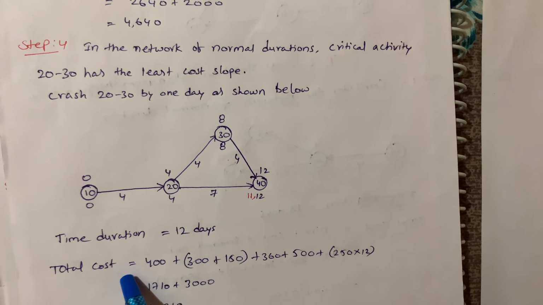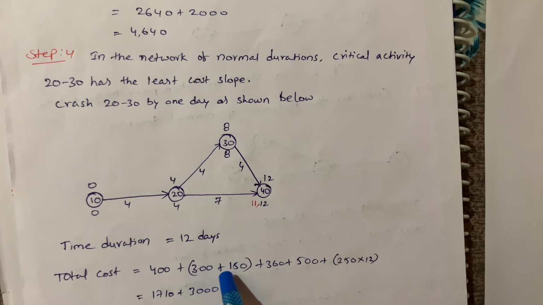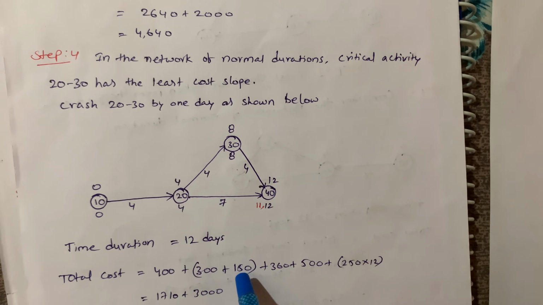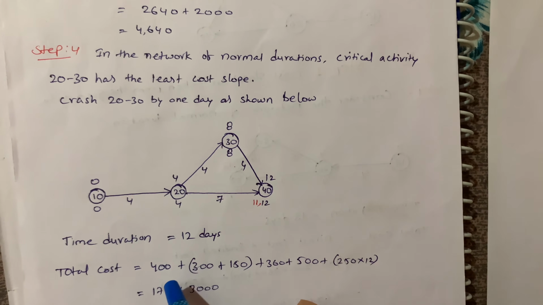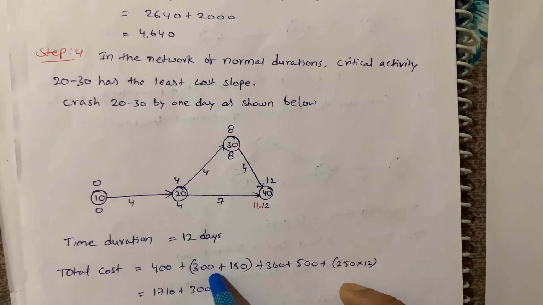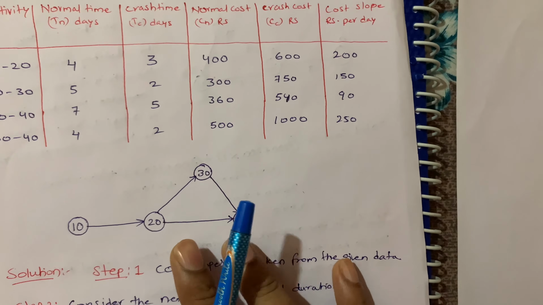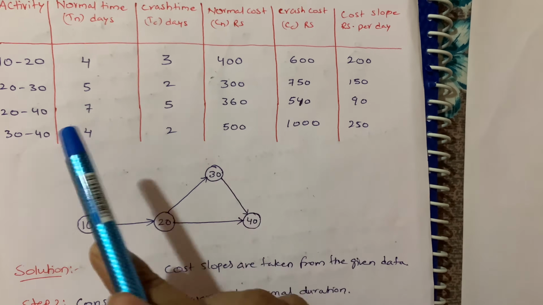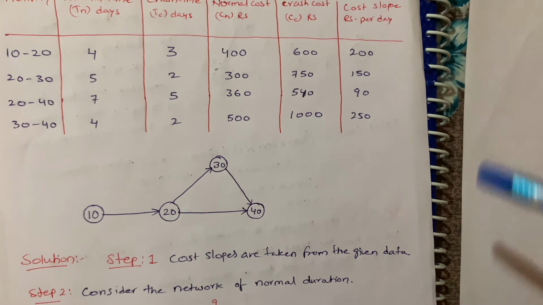So for total cost, here only the crash is 20 to 30. That's why we are adding the cost slope here only, not adding for other activities. So 10 to 20 is 400. Next activity, 20 to 30 is the crash. So 300 plus 150.